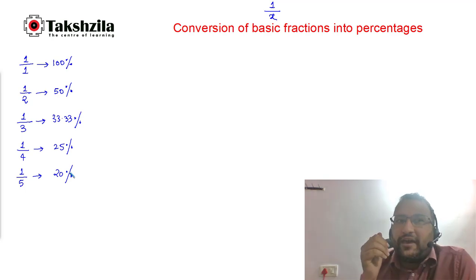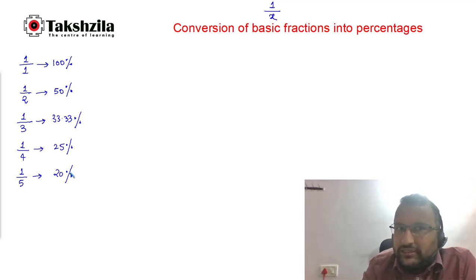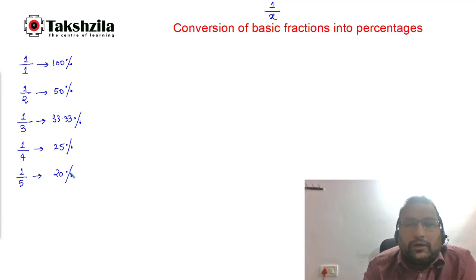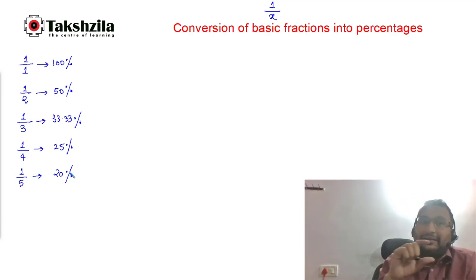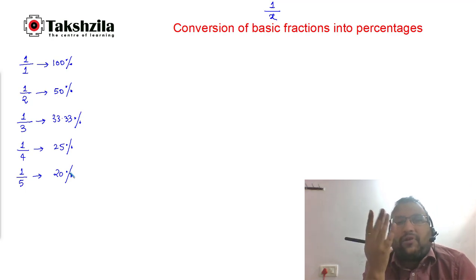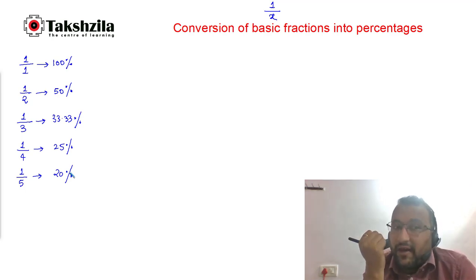Now, how are we converting these fractions into percentages? By simply multiplying the fraction by 100. You can see that 1 by 1 into 100 is 100, 1 by 2 into 100 is 50, 1 by 3 into 100 is 33.33. Similarly, 1 by 4 into 100 is 25 and 1 by 5 into 100 is 20%.